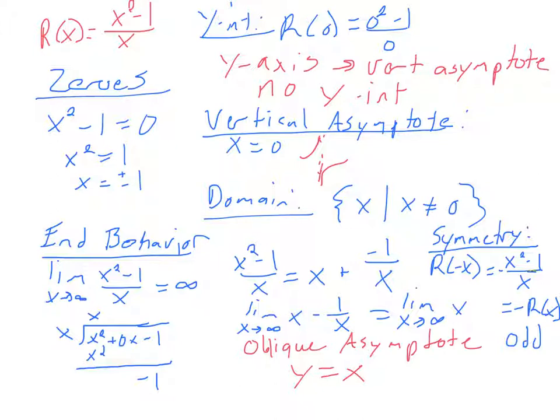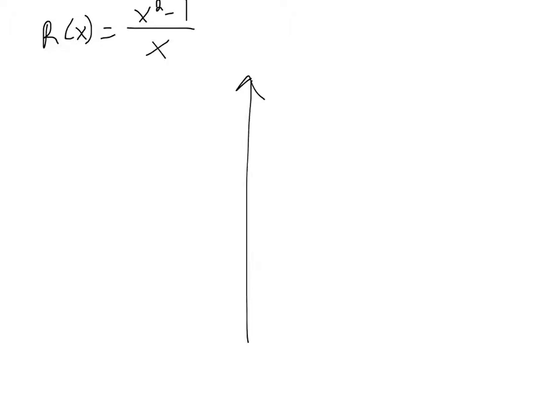Okay, so we got to use all this information now to graph the function. The zeros, which are at 1 and -1, the vertical asymptote, so on and so forth. So let's go ahead and do that. And the oblique asymptote is important, right? So, function again, just so we have it, the function is x squared minus 1 over x. And we can just go ahead and graph it here.